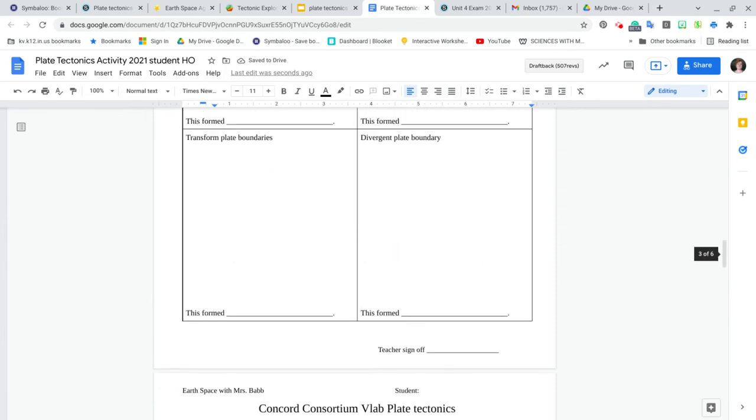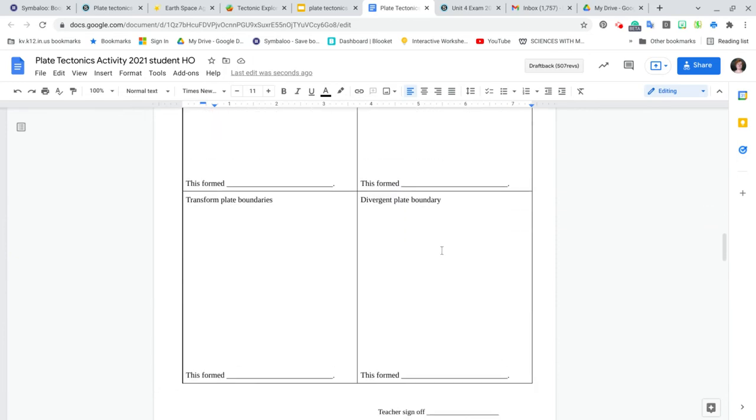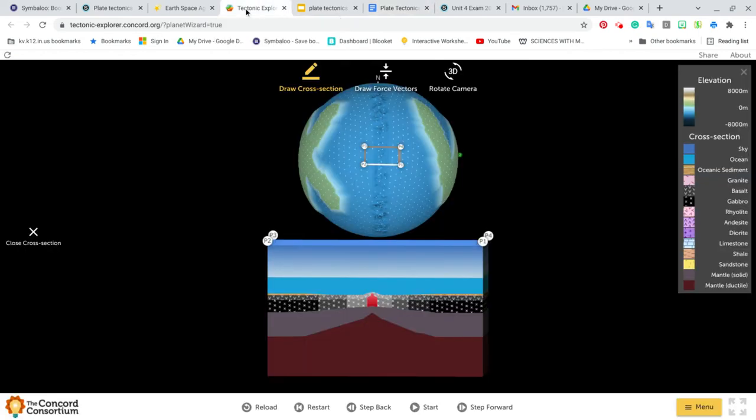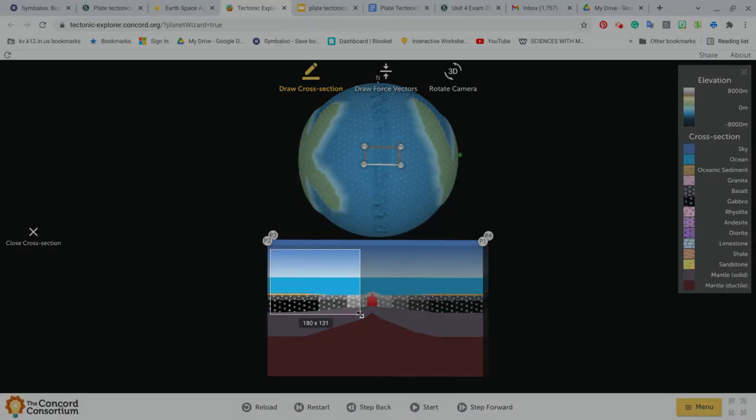But if you were absent, you are coming back up here. Make sure you're looking at the divergent plate boundary. And if you have the paper copy, draw it out. You don't have the paper copy. Control, Shift, the middle button that has a square and a couple lines on it.